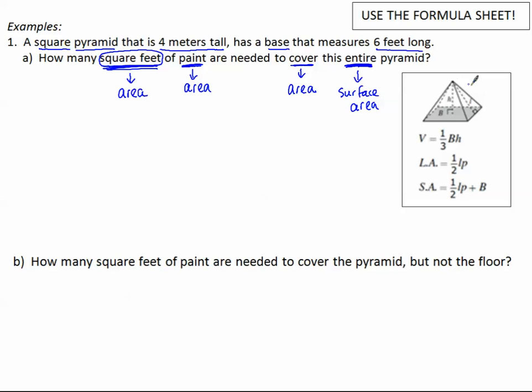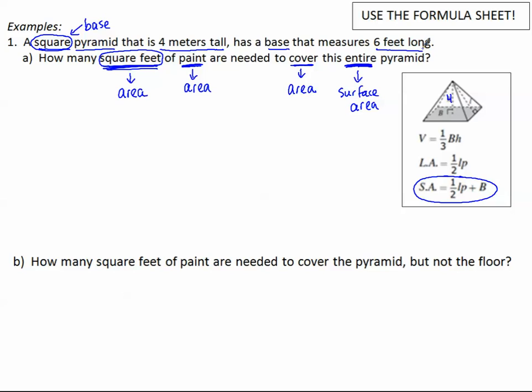So I go to my formula sheet and I find the pyramid and I go to the surface area formula for the pyramid. Now I need to put measurements in here from the directions. 4 meters tall, so the height is 4. The square refers to the base. Square means the base is square.